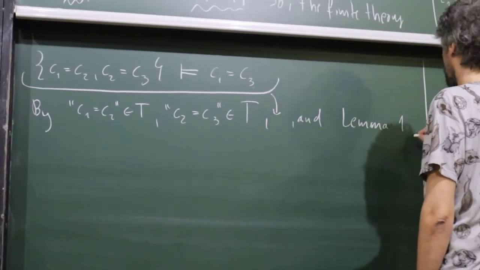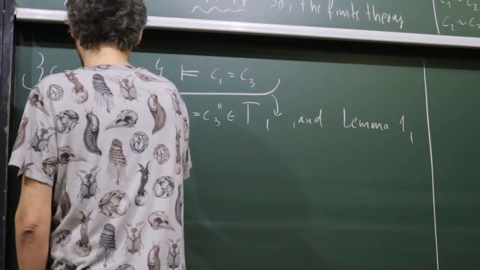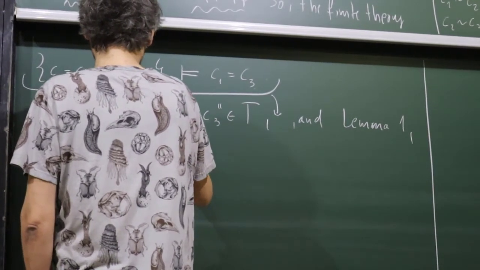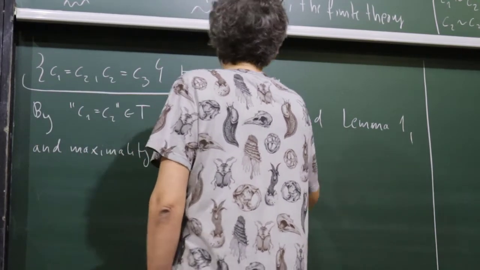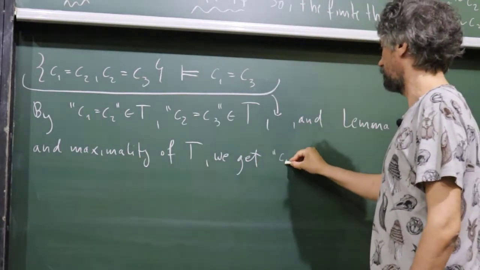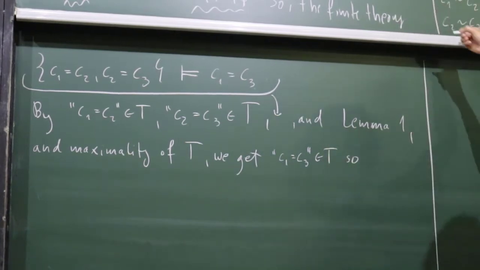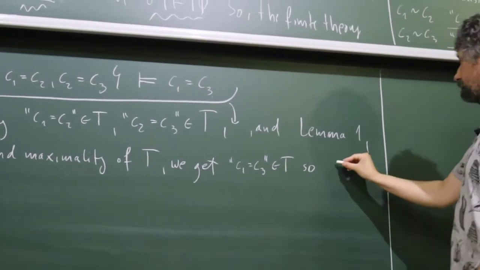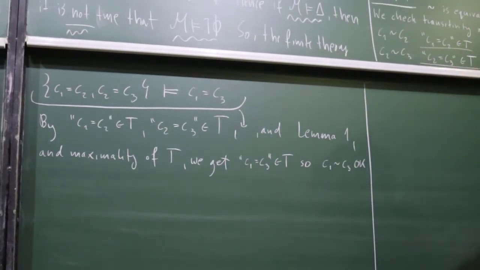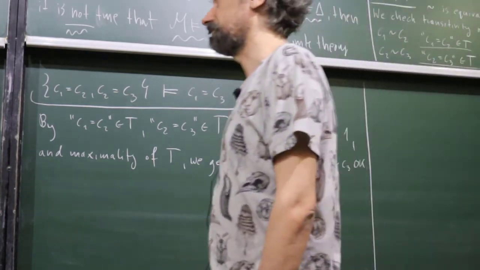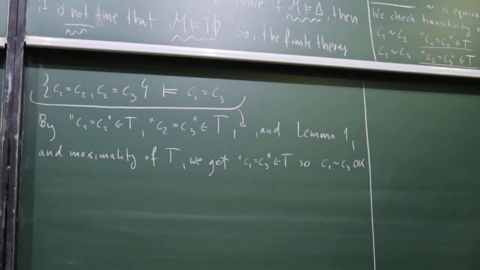By lemma 1 and maximality of T, we get that C1 equals C3 is in T. So indeed, C1 is in the relation with C3. Okay, so this is an equivalence relation on the set of all constant symbols.